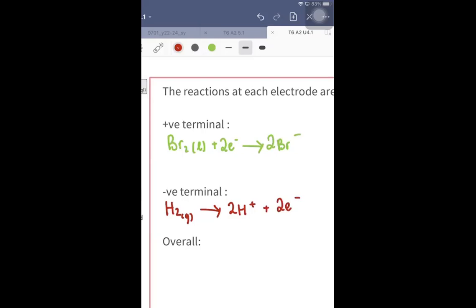Okay, so can you see that at the negative terminal where oxidation is happening, it releases electrons. So that means there are electrons here, and at the positive terminal, they require electrons. And where do they get electrons? They get electrons from the negative terminal.